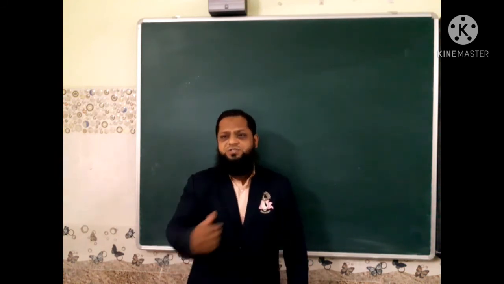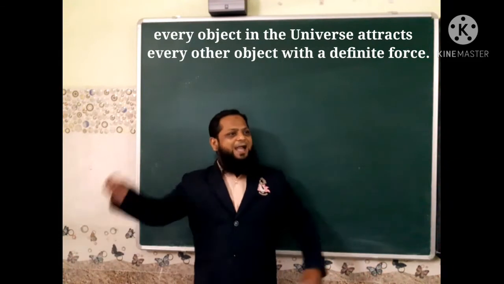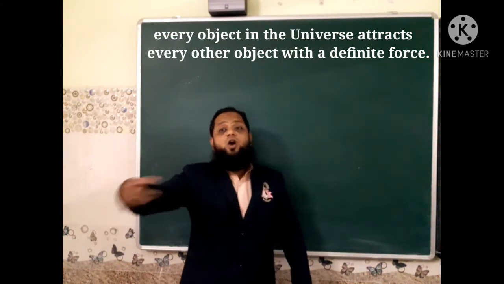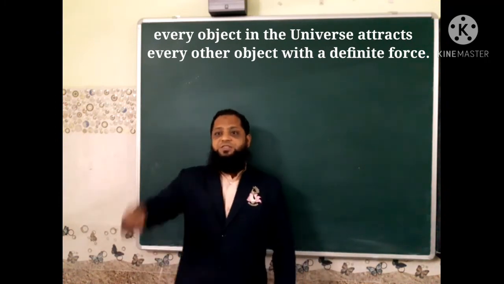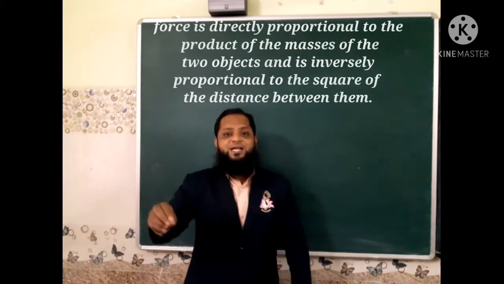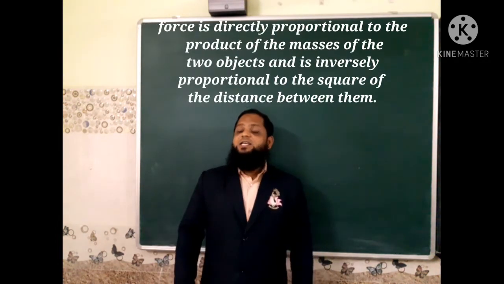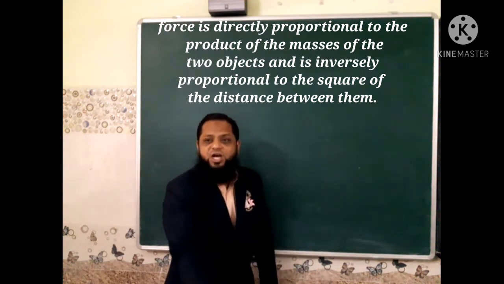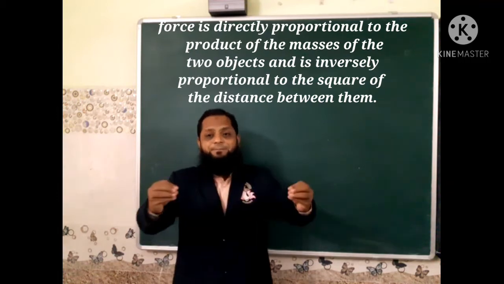According to this theory, every object in the universe attracts every other object with a definite force. This force is directly proportional to the product of the masses of the two objects and inversely proportional to the square of the distance between them.